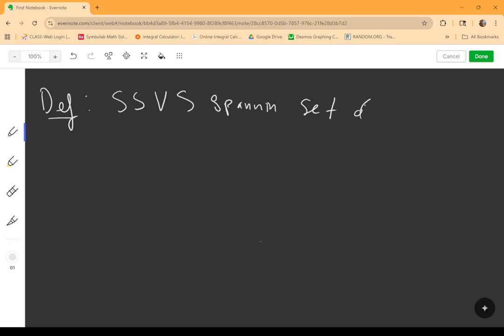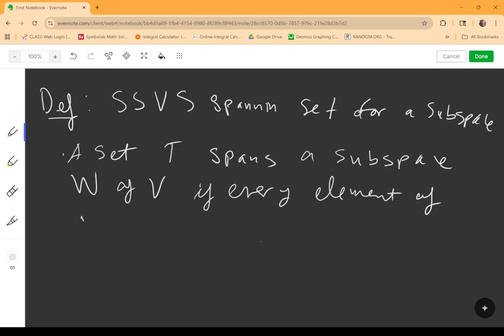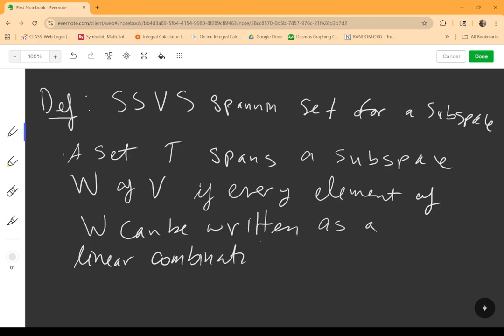It states that a set T spans a subspace W of V, or V itself, W could equal V, if every element of W can be written as a linear combination of elements of T.